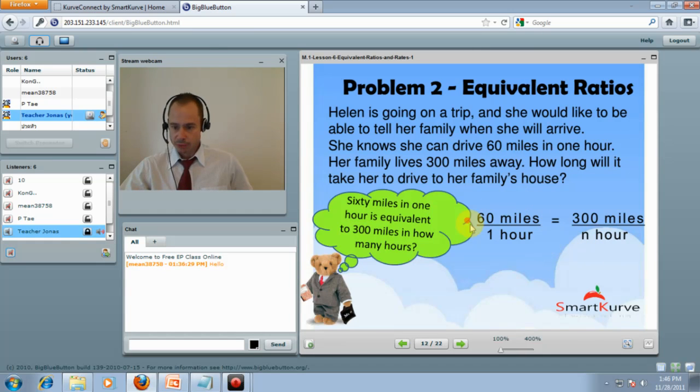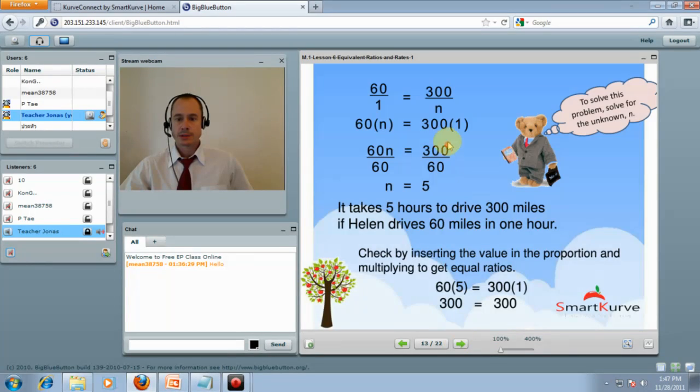So the two ratios, 60 miles per hour, this is the first ratio, and then you have 300 miles in n hours. This is the one we want to calculate. So, we do the cross product again. You multiply up here 60 with n and 300 with 1.